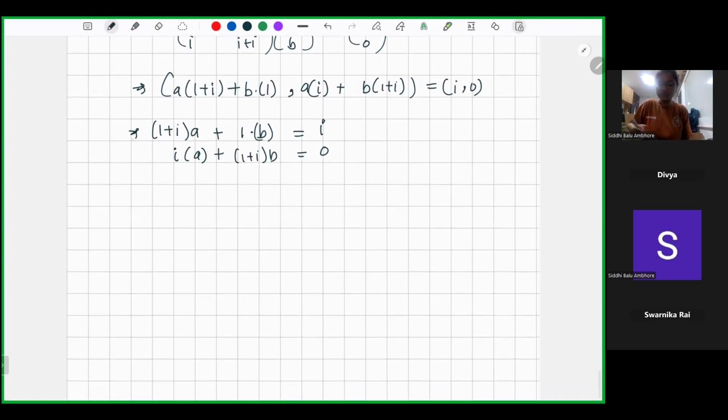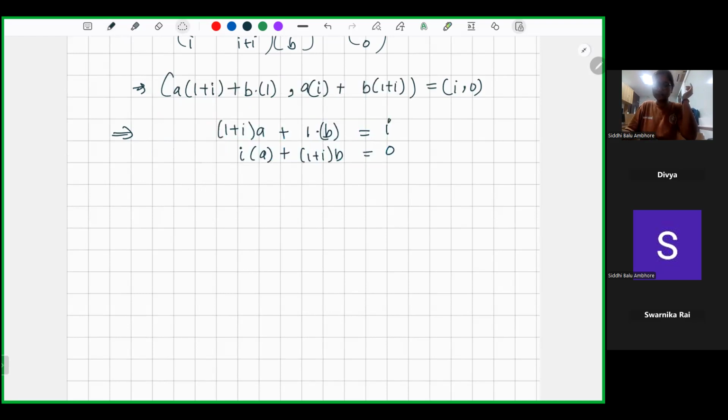We have to just solve this system of equations, and whatever A and B we get will be the coordinates. Or if you want, you can find the inverse of these elements. For 2 by 2 matrices, I hope you know the inverse: 1 by determinant, and switch the entries.